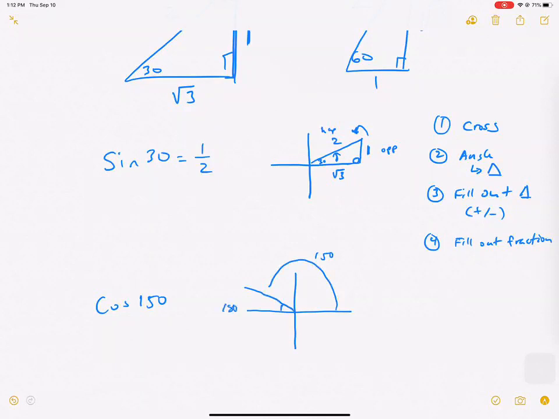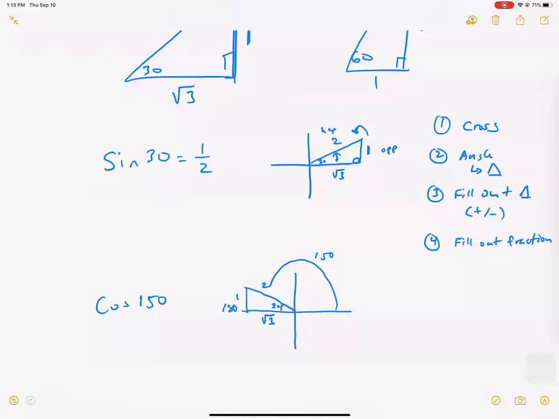If this is 180 over here, 180 minus 150 is 30. Hey, I've seen that triangle before. So step 2, we draw the angle and then draw the triangle. Step 3, fill out the triangle. We have a 1, 2, square root of 3.